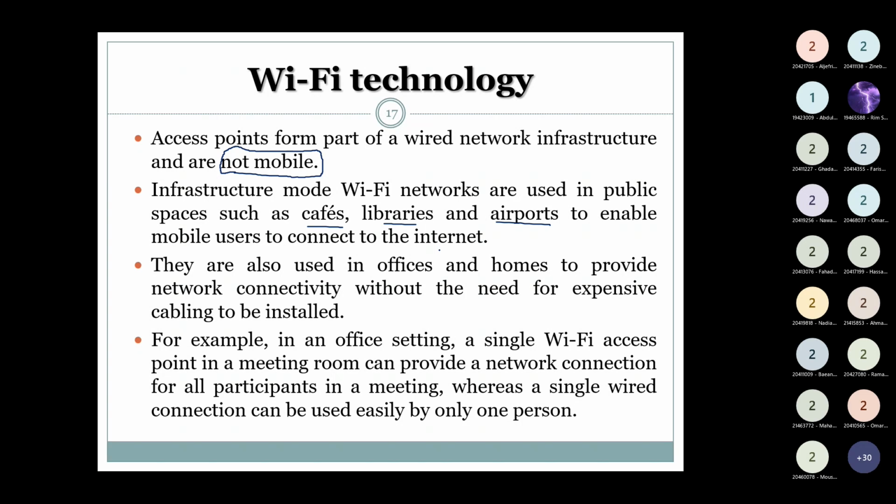It is your way to connect to the internet if you need to connect to a network. They are also used in offices and homes to provide network connectivity without the need for expensive cabling to be installed.